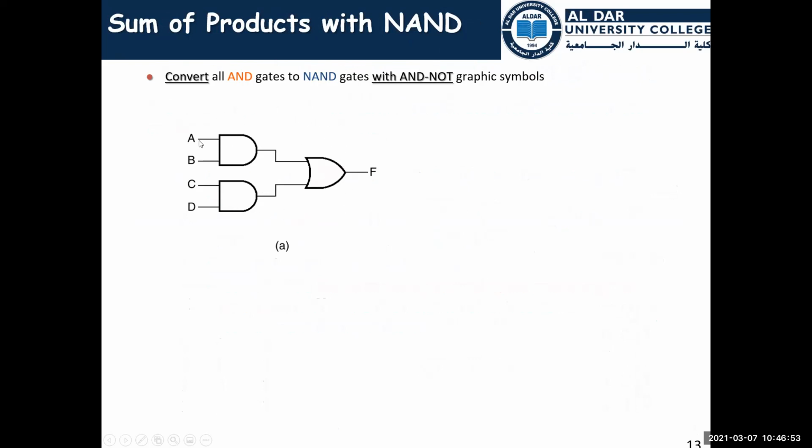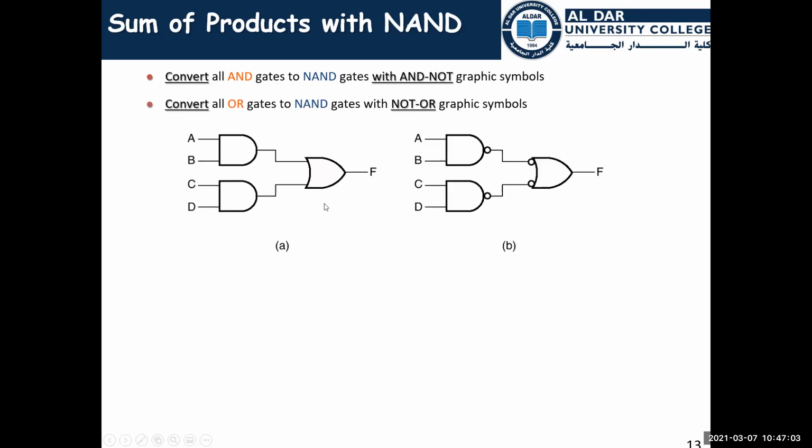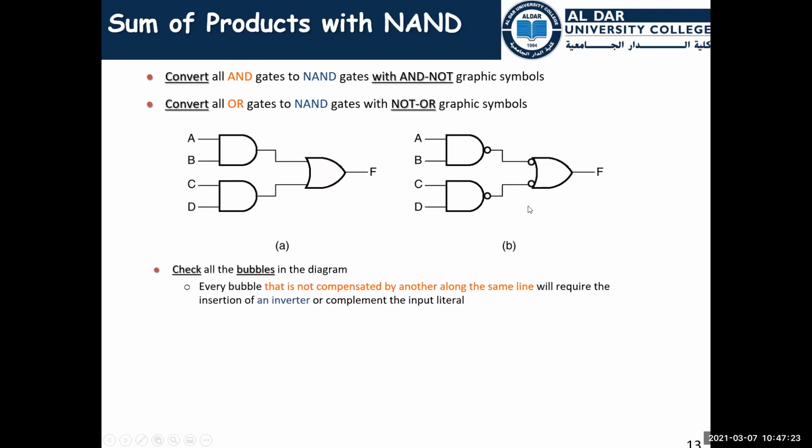This is the first sketch of your logic gates. What will you do? Just add bubbles here, two bubbles here, another two bubbles here, and then you have this second sketch. You didn't do anything, just convert the output here and convert it back. There is no change.